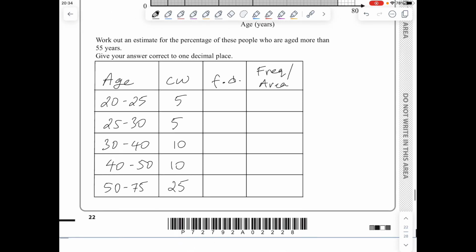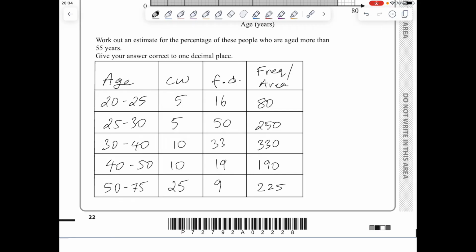So let's complete the table. 16, 50, 33, 19, and 9. And then to find the frequency or the area, just multiply class width by frequency density, and I will get 80, 250, 330, 190, and 225.